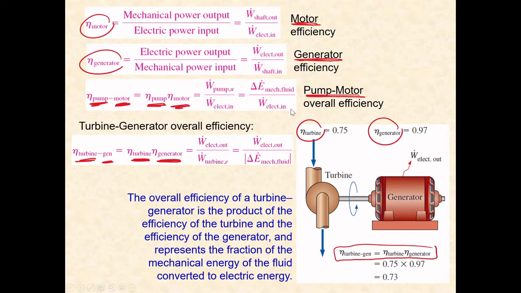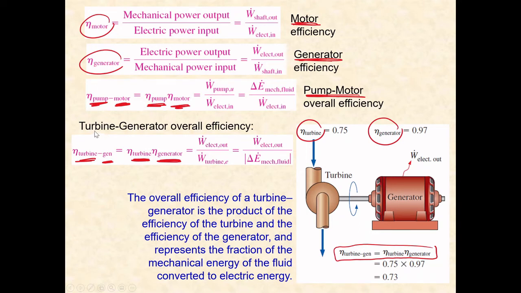So initially you get electricity, that's the original electricity, and then in the end only a portion is absorbed by the water, only a portion of the energy is absorbed in the form of mechanical energy by the water, right? So if you combine motor and pump, then you have a pump-motor overall efficiency. You just need to multiply the individual efficiencies together.